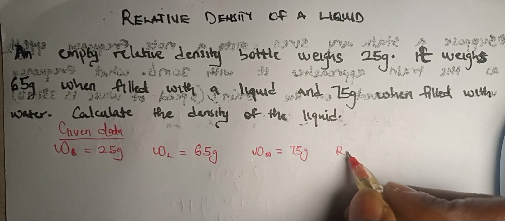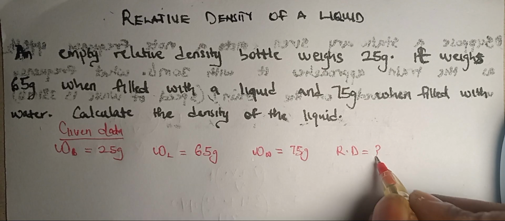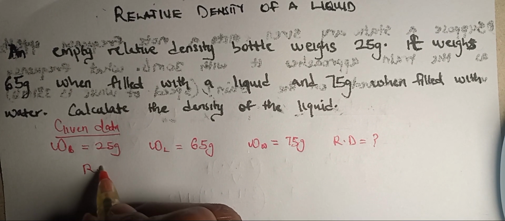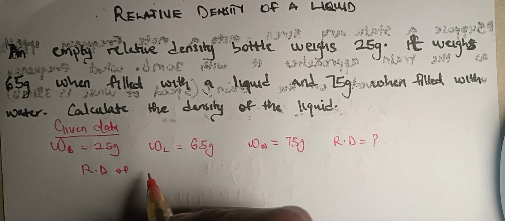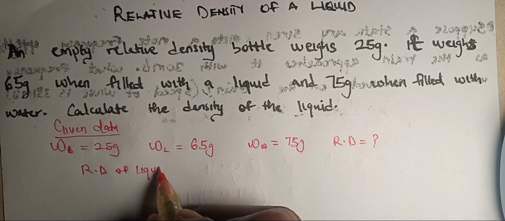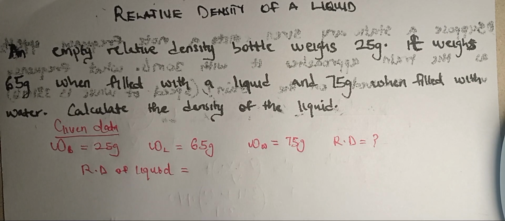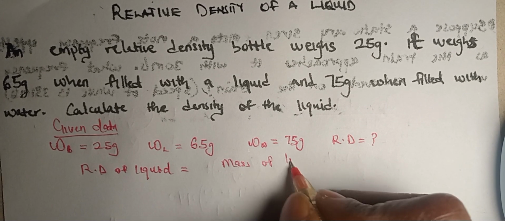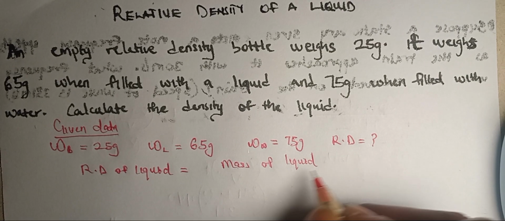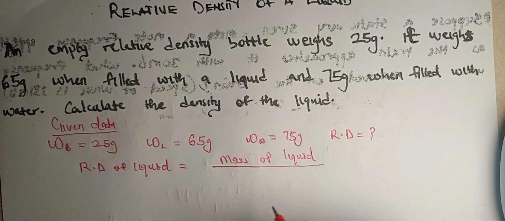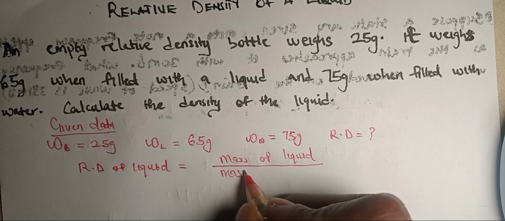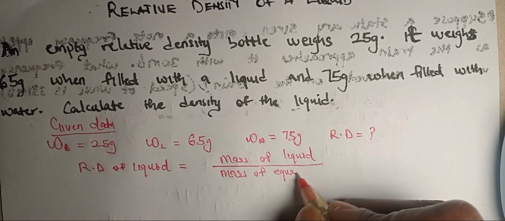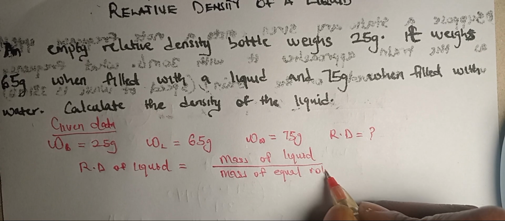So we are calculating for the relative density. The relative density of the liquid will be equal to the mass of liquid upon the mass of equal volume of water.